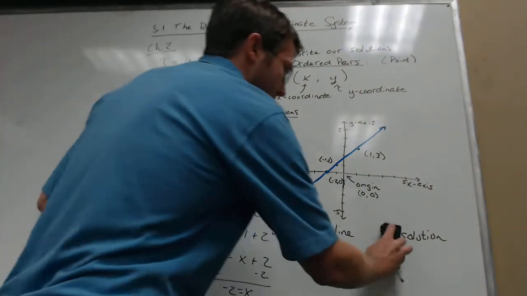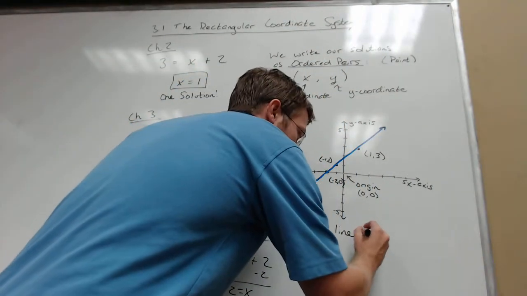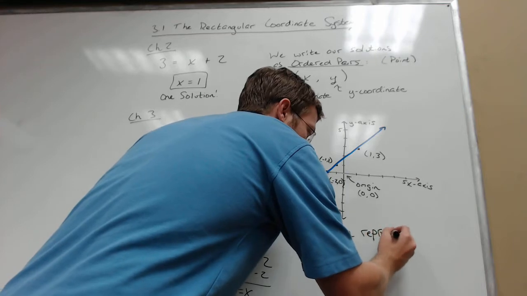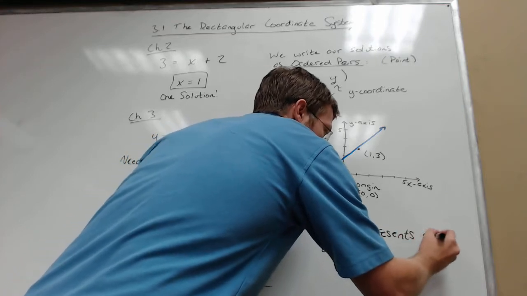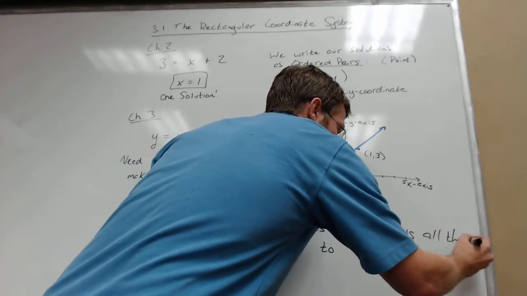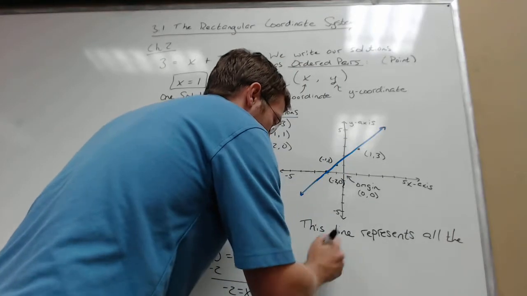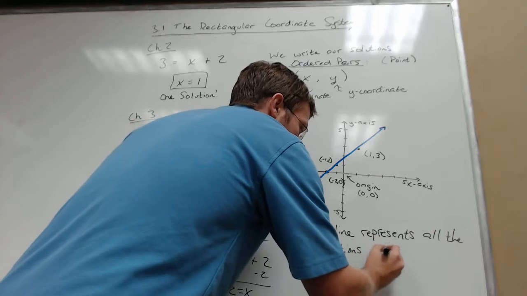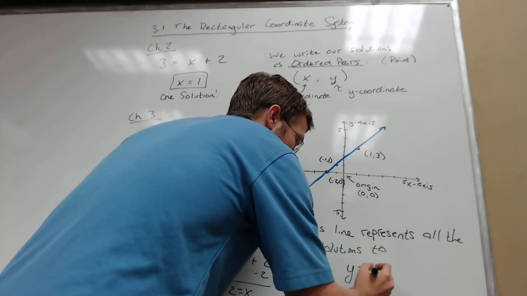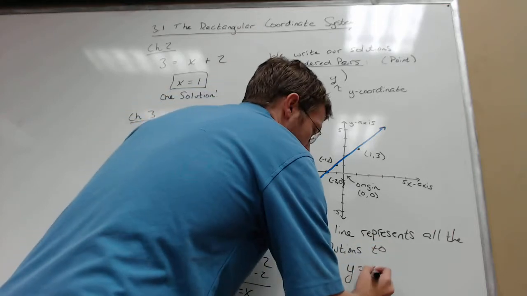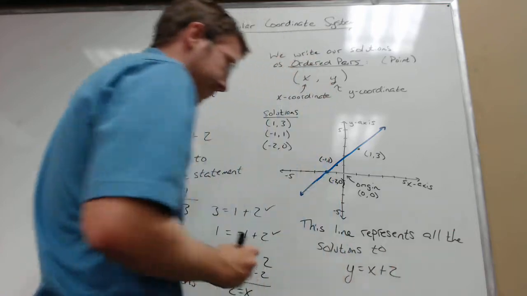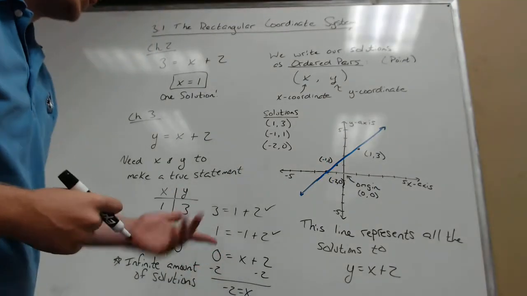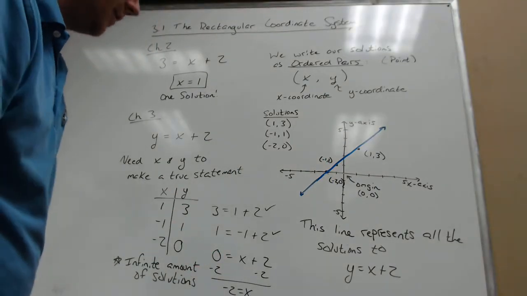Let me correct that. This line represents all these solutions to y equals x plus 2.